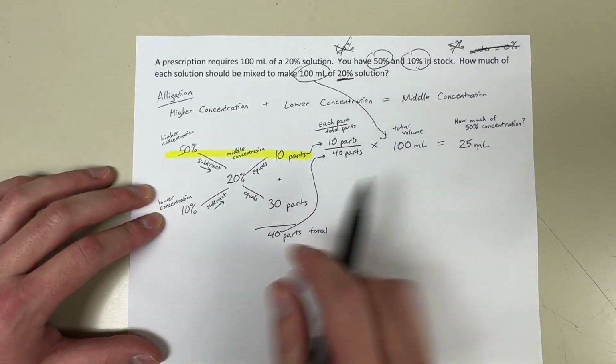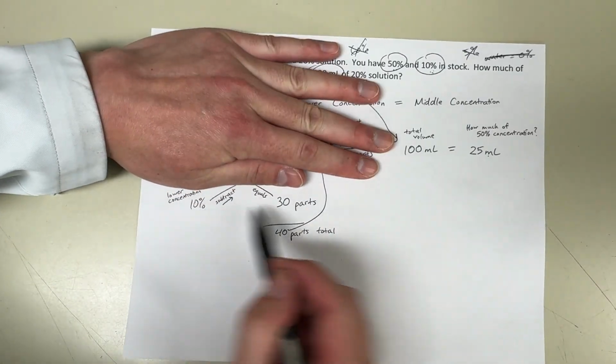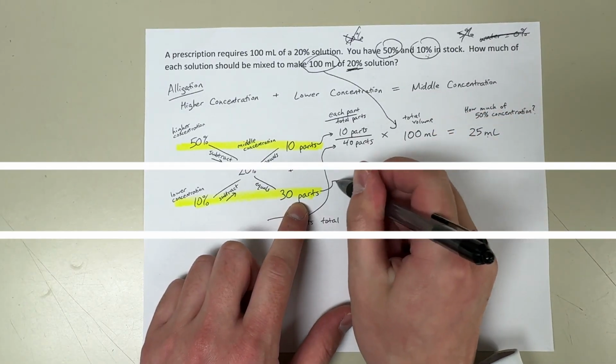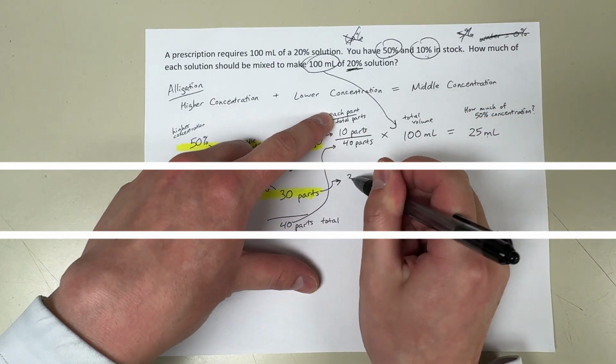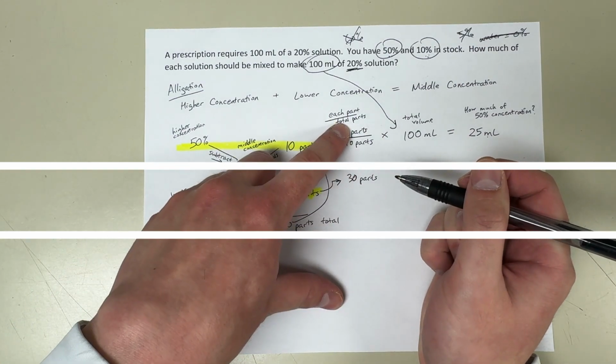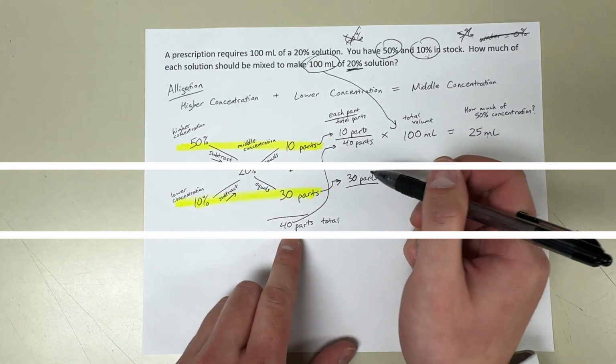So next thing I'm going to do is the same thing to the bottom half. This bottom half right here. So I'm just going to take the 30 parts over the total amount of parts, which is 40.